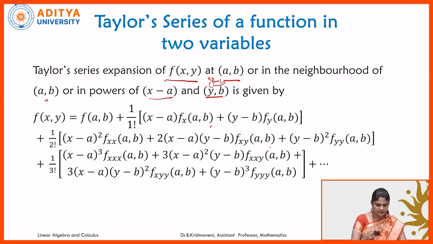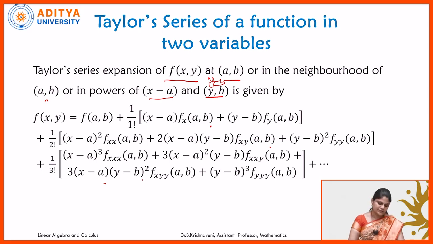The third term is given by 1 by 3 factorial into (x minus a) whole cube fxxx(a,b) plus 3 into (x minus a) whole square into (y minus b) into fxxy(a,b) plus 3 into (x minus a) into (y minus b) whole square fxyy(a,b) plus (y minus b) whole cube fyyy(a,b).